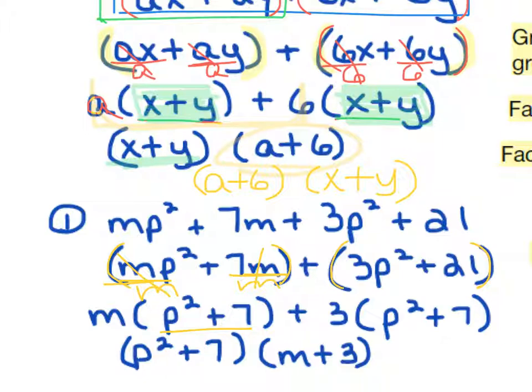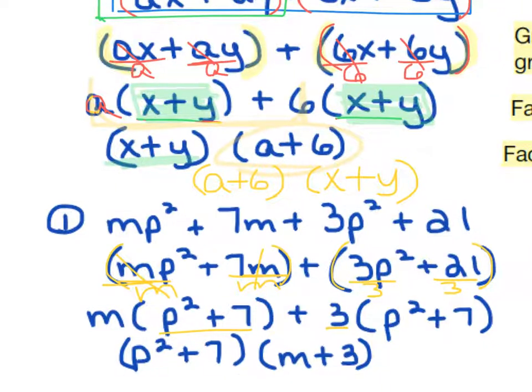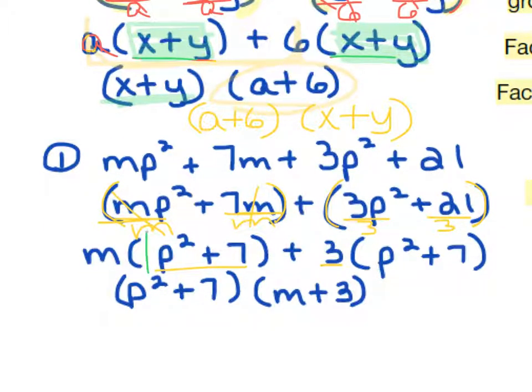And then over here, my greatest common factor is going to be 3. Again, write the GCF and then divide. Again, your goal is to have these turn into exactly the same thing, which it is.